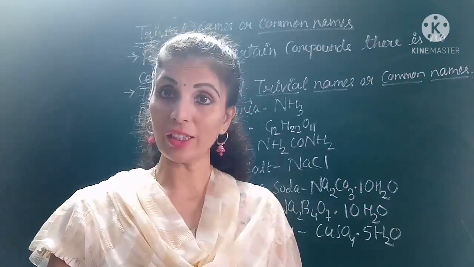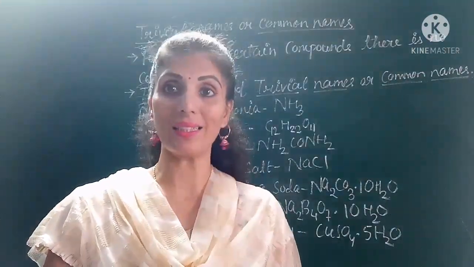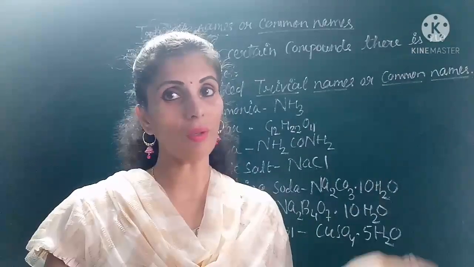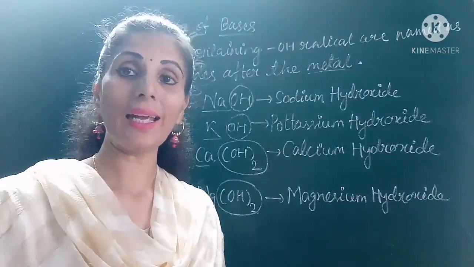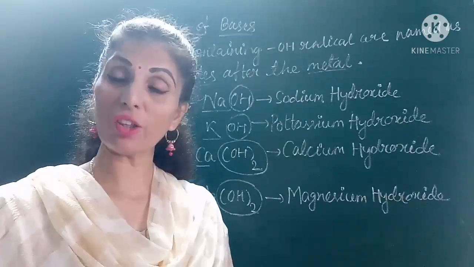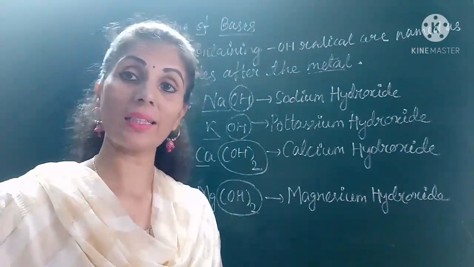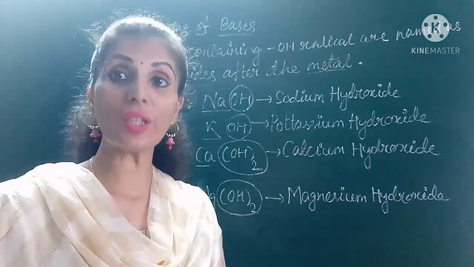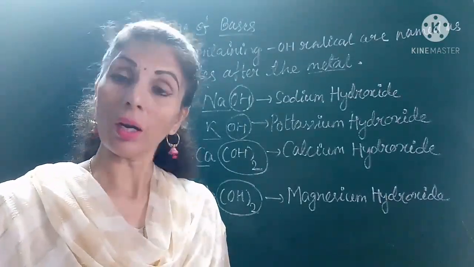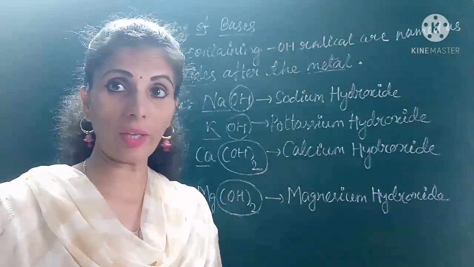Now let's see how to name the bases. Before that, note down the points. Now children, let's see about the bases. Bases are generally considered as compounds which contain OH radicals, but other definitions of bases are there also.